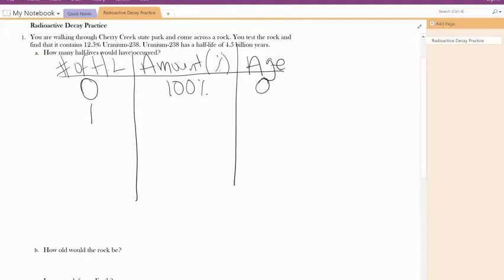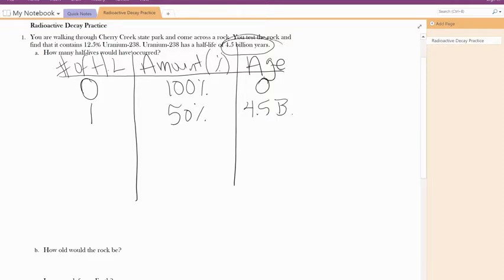If we undergo 1 half-life, now half of that original amount is going to decay away into a stable version of the atoms. So we would have 50% uranium-238 left in that rock, and 1 half-life would have gone by, so 4.5 billion years would have gone by.